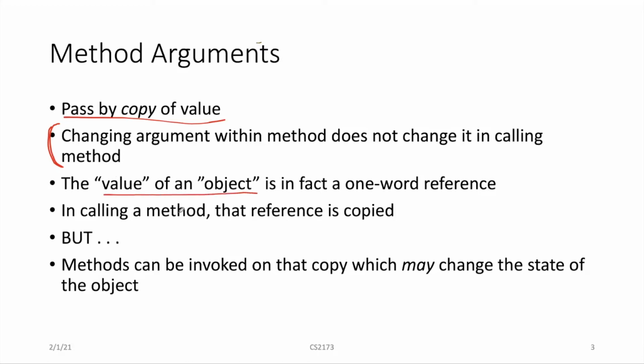What we've been calling an object is in fact a one-word reference. When we have a variable that's a type of object, that's actually a slightly incorrect way of describing it, because that variable does not contain all of the stuff in the object that you might think it does. In fact, it's just a reference to a place in memory that has all that stuff.